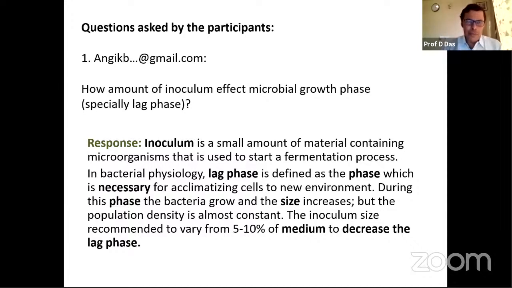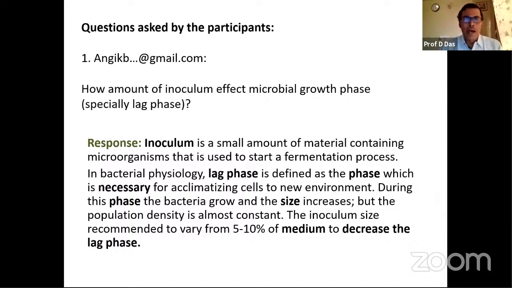Now, as you know, inoculum plays a very important role in any kind of microbial cultivation process. And we know that we have 4 different phases: lag phase, log phase, stationary phase, and decline phase. This inoculum should be active.